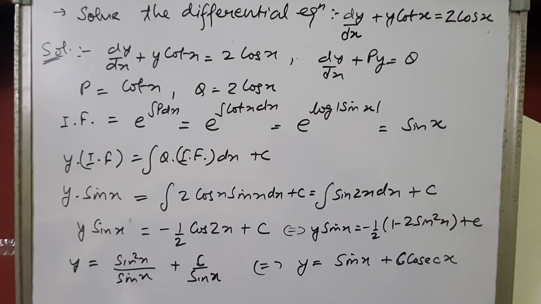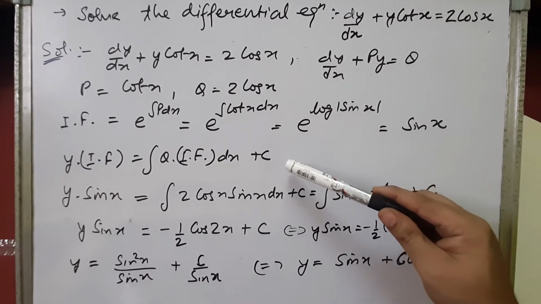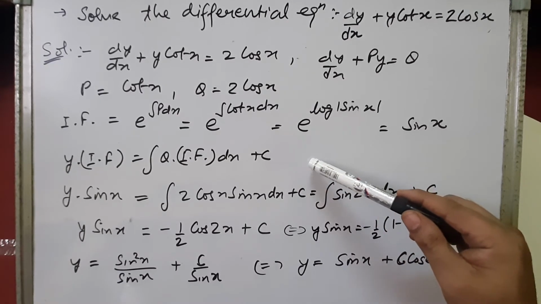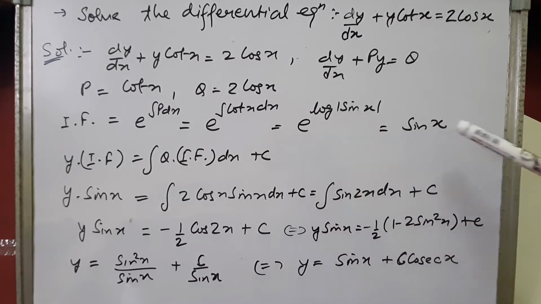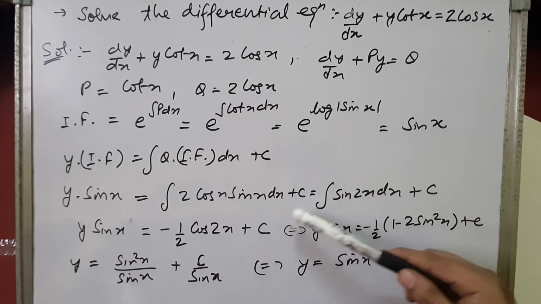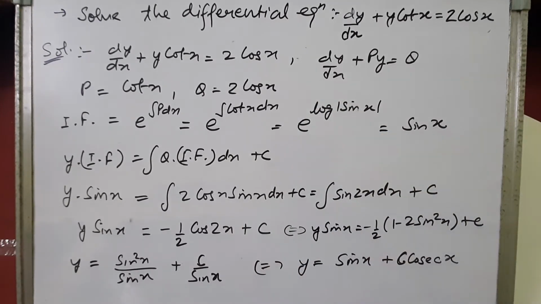So the general solution, the solution of the differential equation, a linear differential equation in y will be y into integrating factor equals to integration of q into integrating factor dx plus c. Okay, let's substitute the value of integrating factor, which is sin x. So this will become y sin x equals to integration of 2 cosec x, which is q, okay, into sin x dx plus c. 2 sin x cos x is sin 2x, alright.